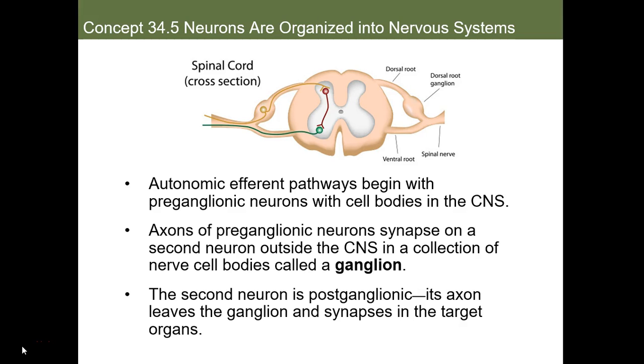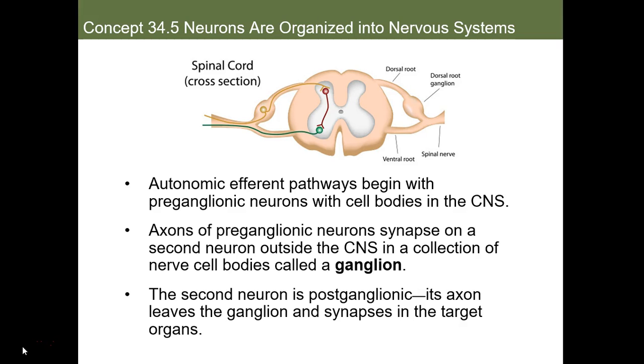Next, we're going to look at how a signal travels from the central nervous system through an autonomic afferent pathway. The autonomic afferent pathway begins with the preganglionic neurons with cell bodies within the central nervous system.